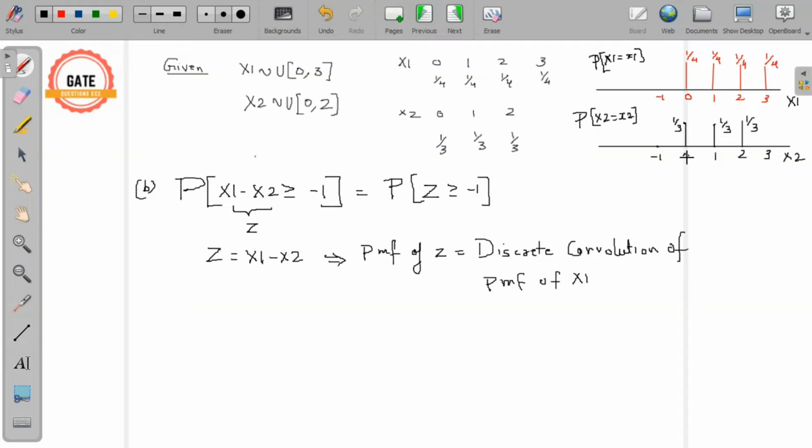So similar to discrete signals, we have to take its reversal here about the origin, and after taking the reversal of the p.m.f of x2, we will have to convolve the reversed p.m.f with this p.m.f. So the discrete convolution of the p.m.f of x1 with the p.m.f of x2 reversed about origin.